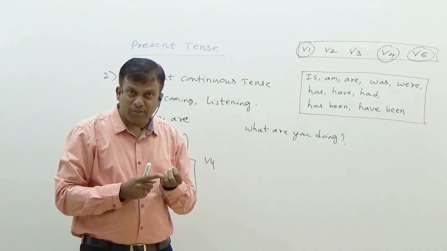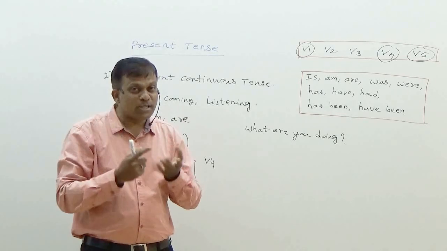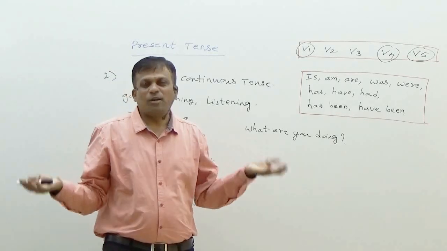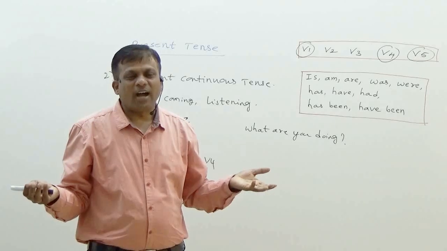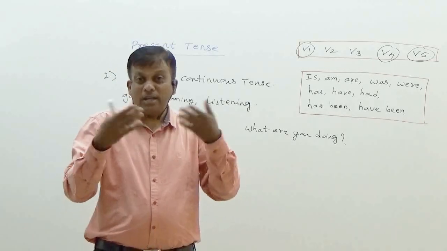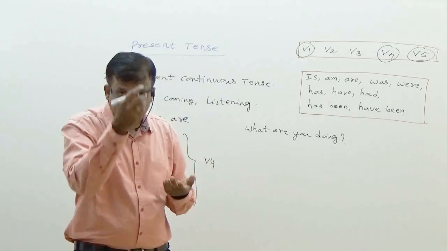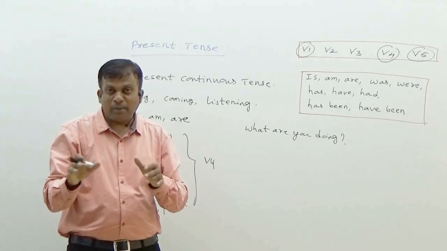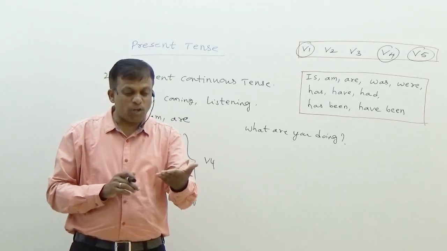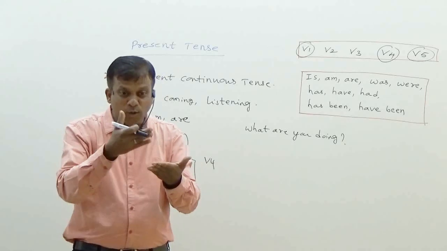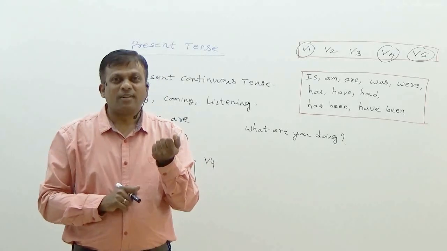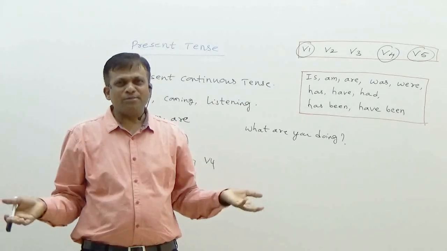I am having breakfast. I am listening to music. I am just having a walk. I am preparing for my examination. I am studying tenses. I am using my laptop. I am checking some WhatsApp messages. I am downloading the videos. I am just enjoying my life.